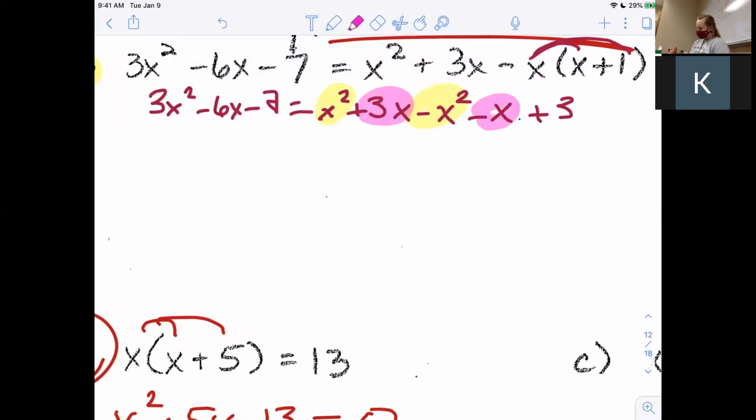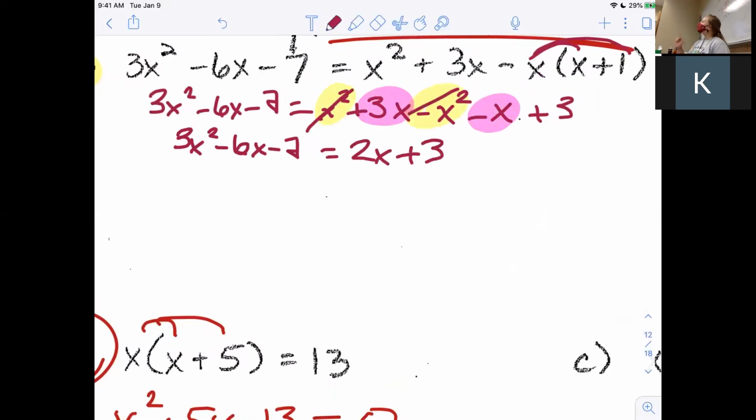Like terms, 3x squared minus 6x minus 7 equals 2x plus 3. And then I just minus my 2x from both sides and minus my 3 from the other side. So then I can get 3x squared minus 8x minus 10. And that was just my setup.